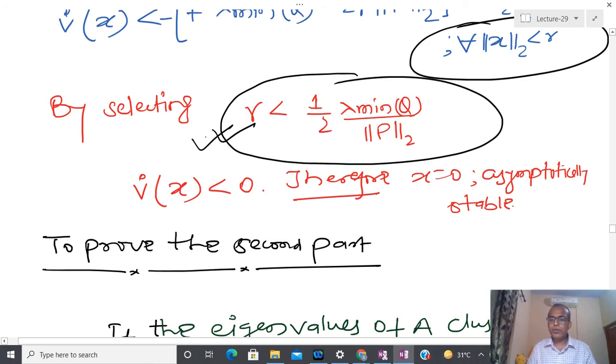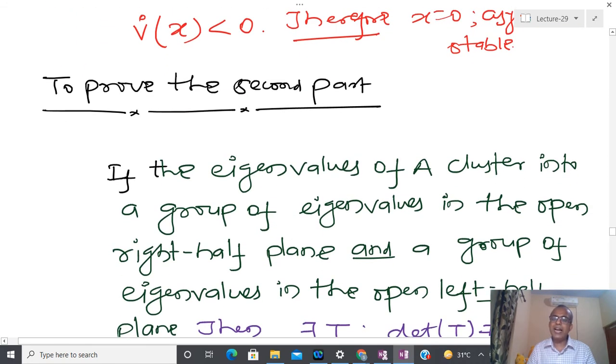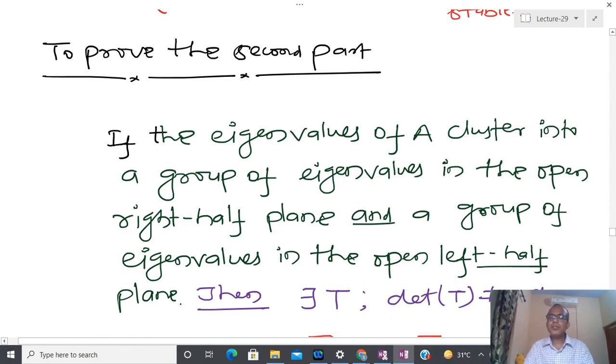Okay, if you understood this, then let us come to the second part. What we are telling is that if one or more than one eigenvalue is positive, then x equal to 0 is no longer stable. So what we are going to do is, I have some matrix A, I first calculate the eigenvalues and cluster them into two parts.